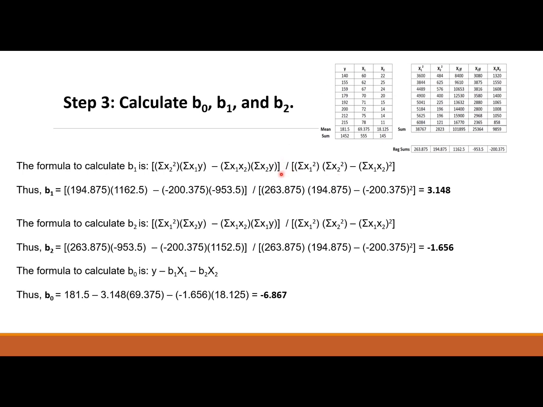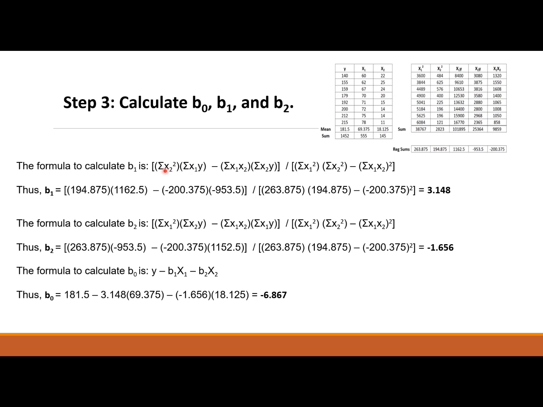Then we divide this by the summation of x1 squared times the summation of x2 squared, minus the summation of x1 times x2, squared. So we use this formula.